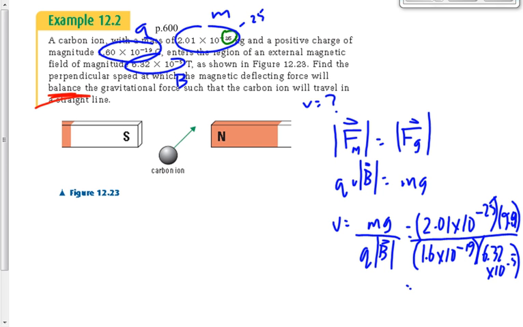I got 2.11. Is that right? I would think there should be an exponent there. Something's wrong with that. No, maybe it's right. Anybody else get 2.11? Sorry, what'd you get? 0.19?